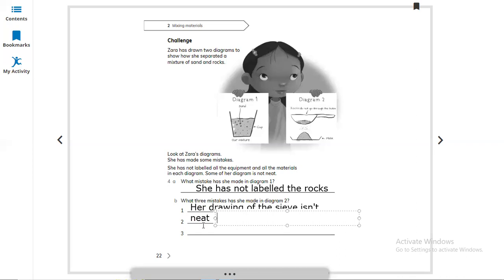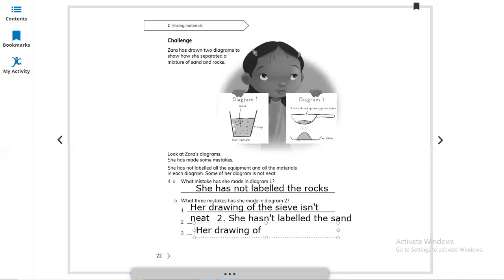The second, and the third mistake, you can say the sand on the plate is not clear.